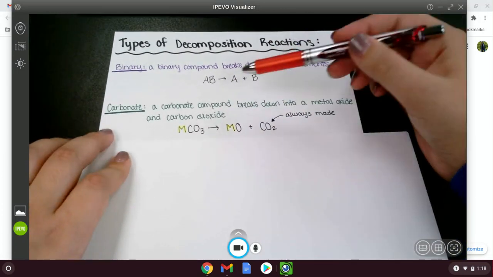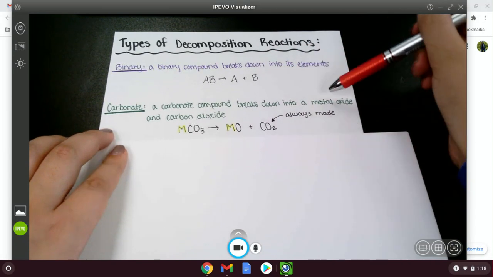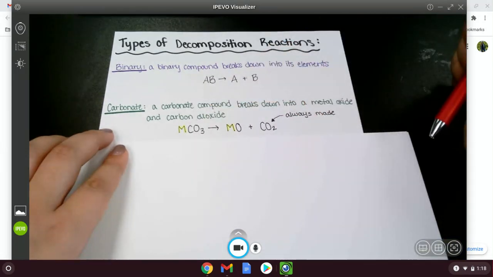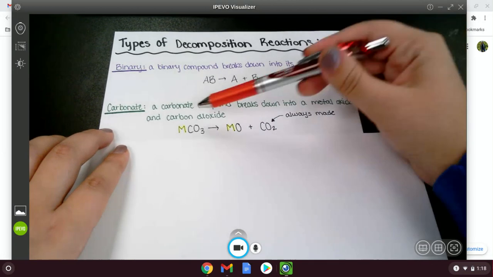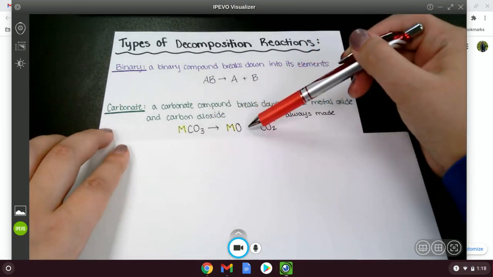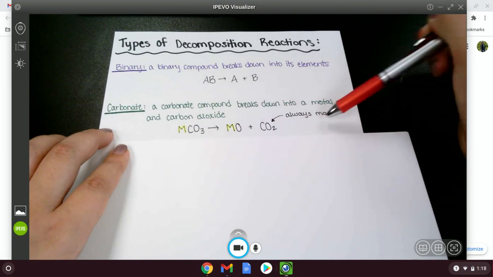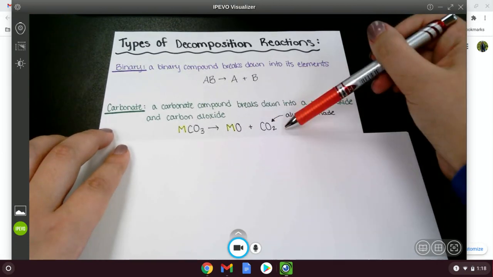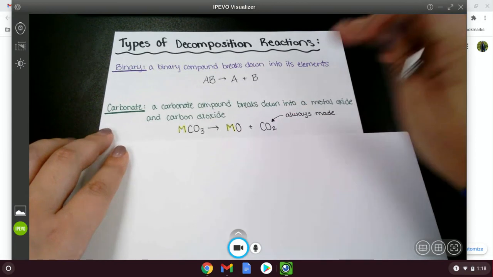So this is when a carbonate compound breaks down into a metal oxide and carbon dioxide. So you're going to have your metal with a carbonate. You're going to make a metal oxide, and you're always going to make CO2. So this will be the pattern you would follow if you're trying to decompose a carbonate compound.